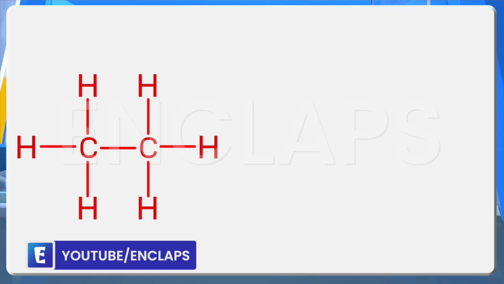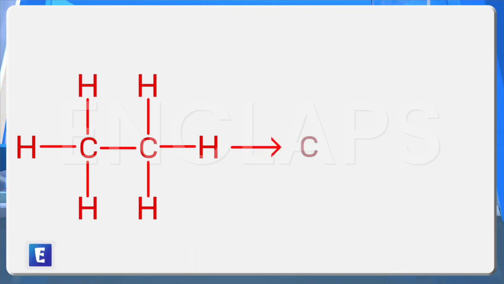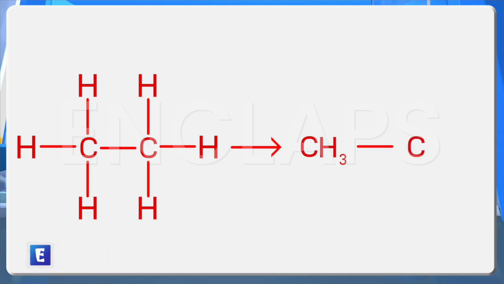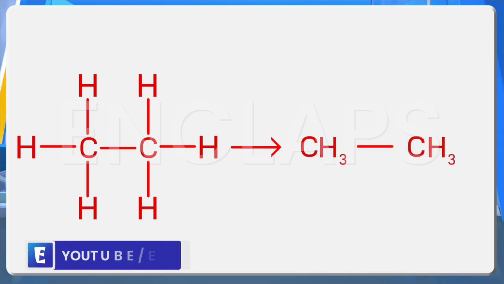So CH3, then there is a single bond between the 2 carbon atoms. So single bond. Then next carbon atom C, then there are 3 hydrogen atoms. So CH3. The condensed formula is CH3 single bond CH3.